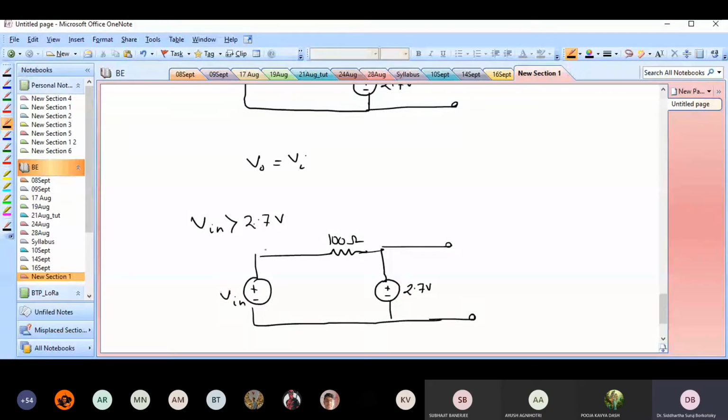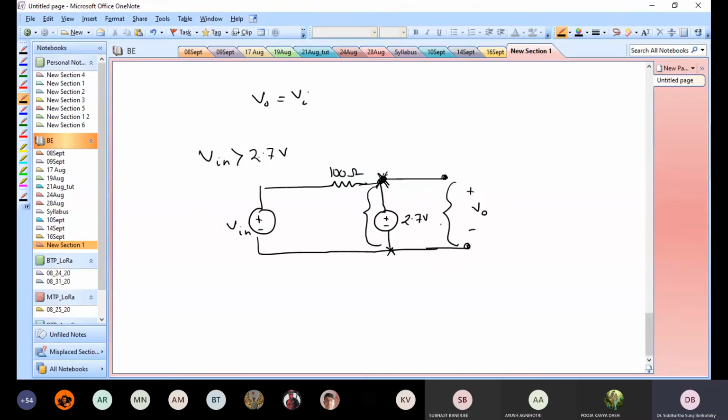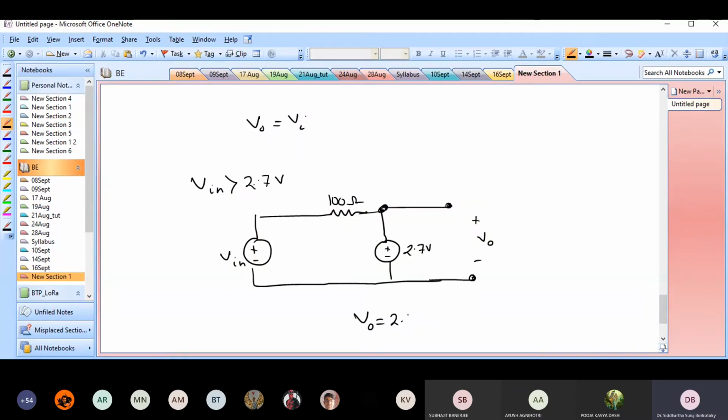So this is my situation if V in is greater than 2.7 volts, and here I can clearly see that V0 is 2.7 volts, because V0 is just the potential difference between this point, the one I'm pressing here, and the ground. So this potential difference will be exactly the same as V0, because these two wires are just conductors, so there cannot be any potential drop over here. So V0 is clearly 2.7 volts.